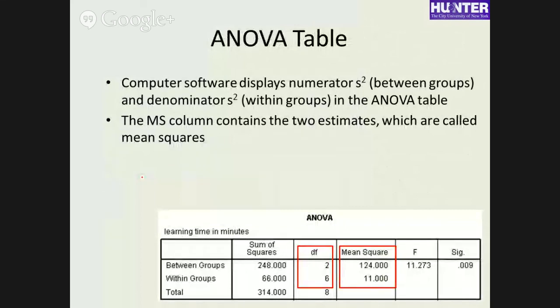You'll get more chance reading the analysis of variance table. It tells you the things we've talked about: your numerator and your denominator degrees of freedom, your total sum of squares. These are residuals or differences. In your between groups, it's the group means minus the overall mean.